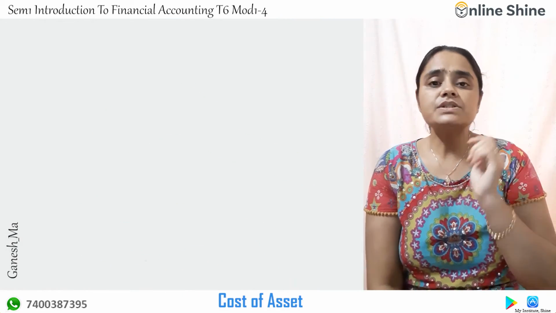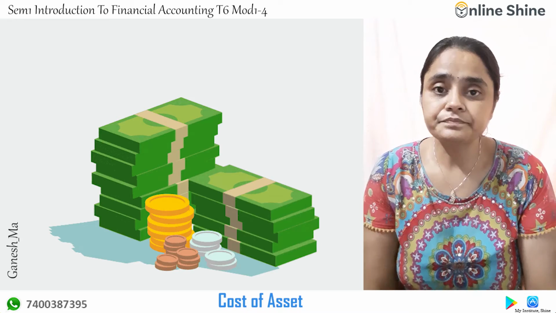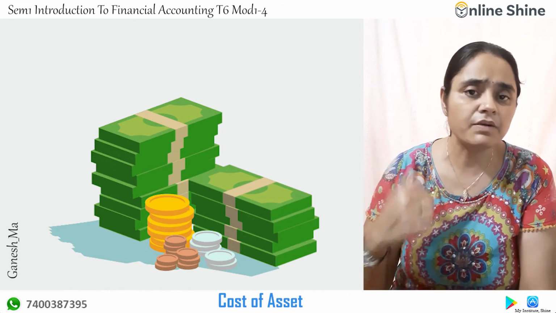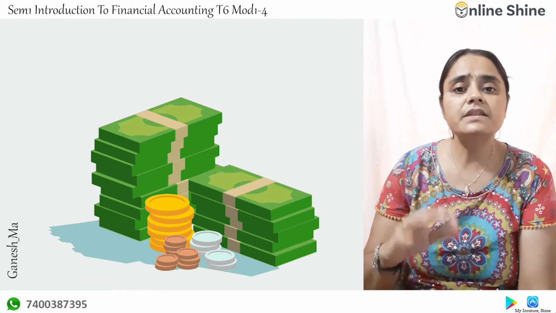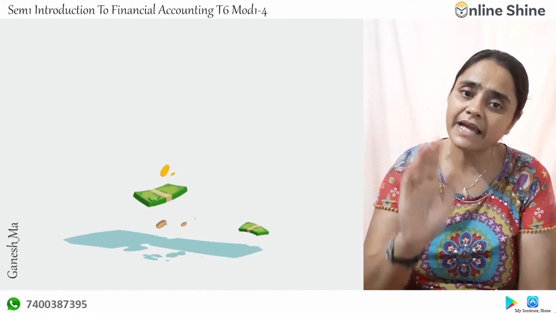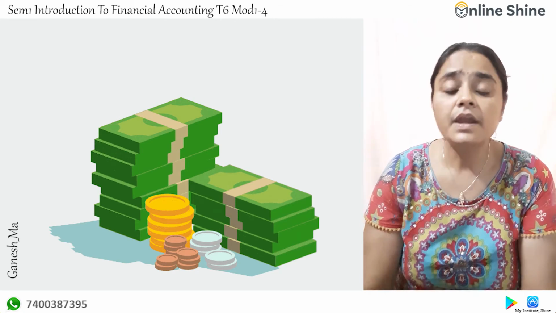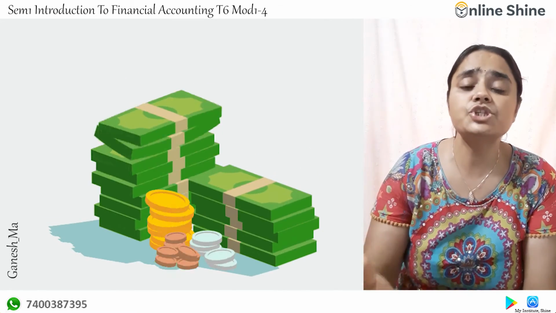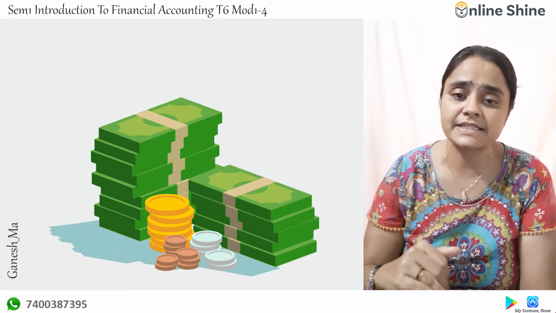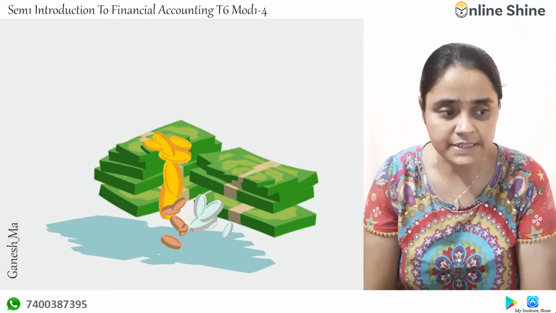Now, the cost of an asset should be determined. Whatever price you are paying for that asset, that is the purchase price. If you are paying anything for addition to that asset, that also becomes the cost of the asset. If you are exchanging one asset for another asset, then whatever price you have paid for that exchanged asset becomes the cost of the asset.